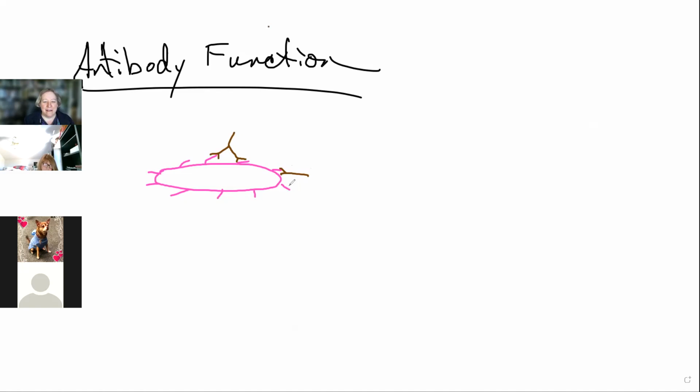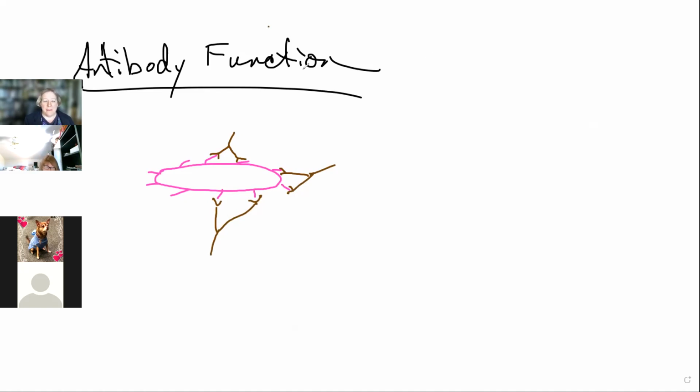It gets covered with antibodies. So when its fimbriae is covered with antibodies, it can't grab a hold. These fimbriae are what it was going to be using to grab a hold of your cells for attachment. So the antibodies prevent attachment.